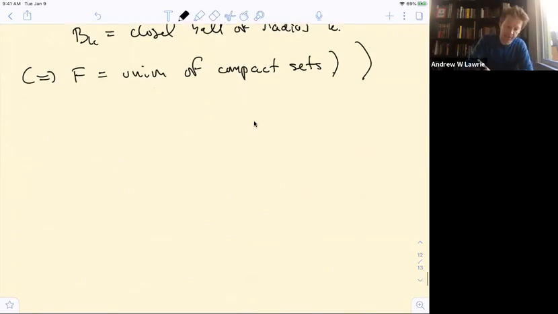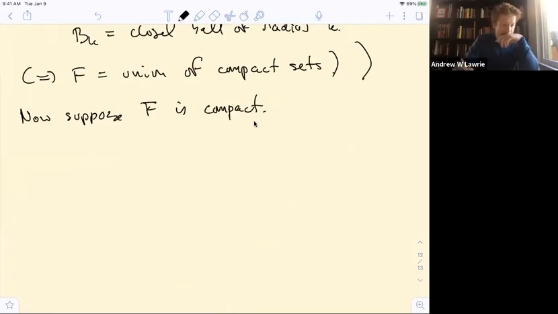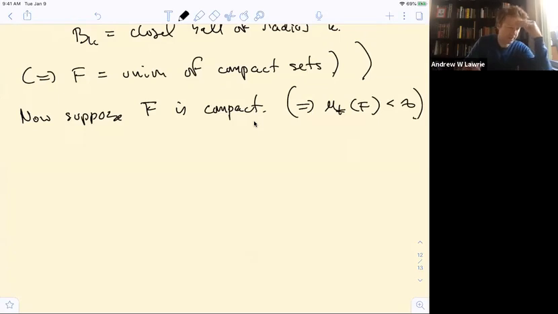So now suppose F is compact. So its exterior measure is finite. A closed and bounded set has finite exterior measure. Let epsilon be bigger than 0.